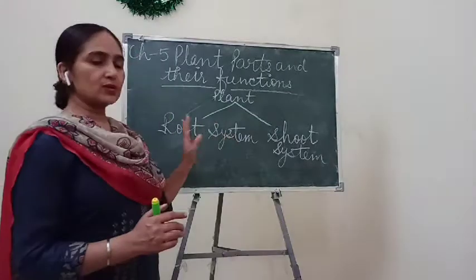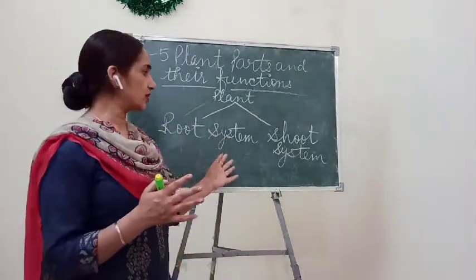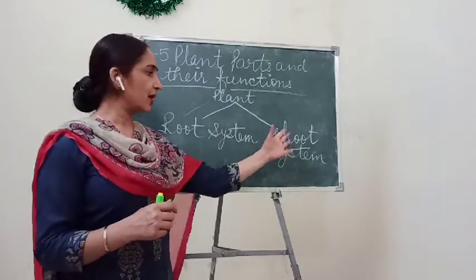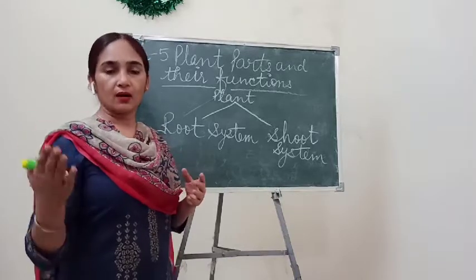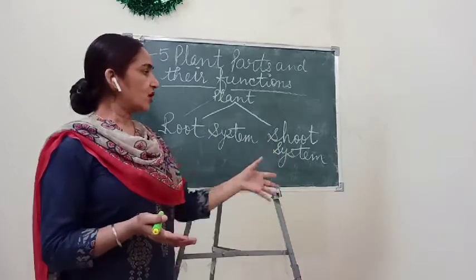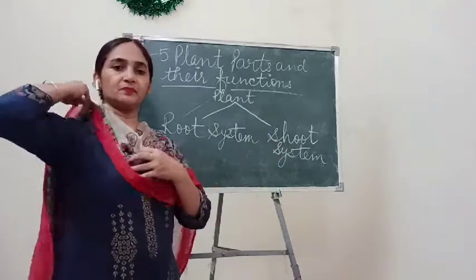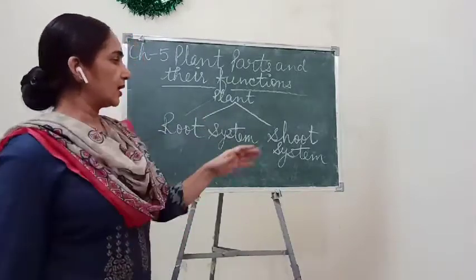The root system has no further elaboration, but the shoot system has further parts or organs. Some of the organs of the shoot system we will study in detail, and I explained each and every part.